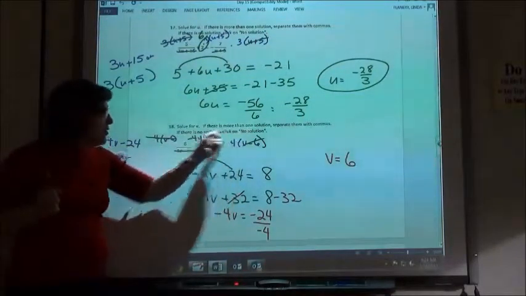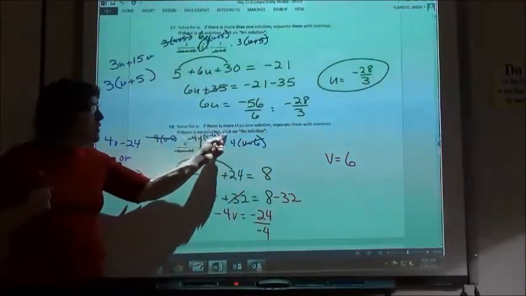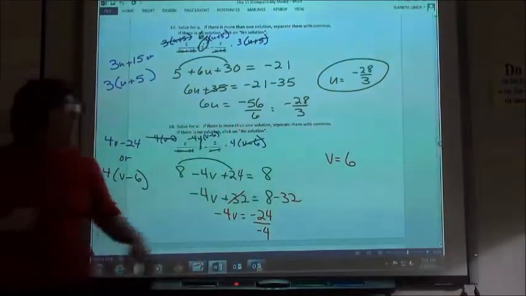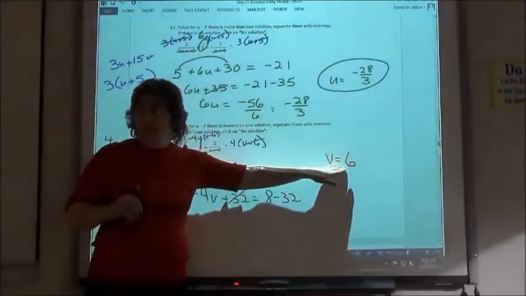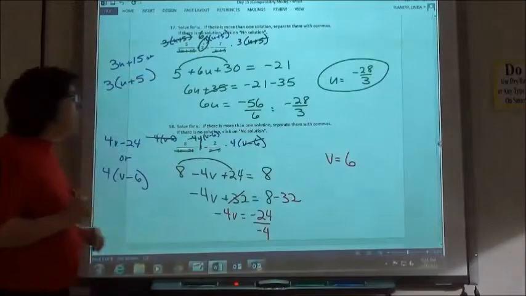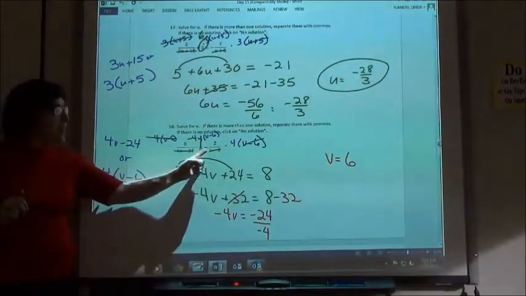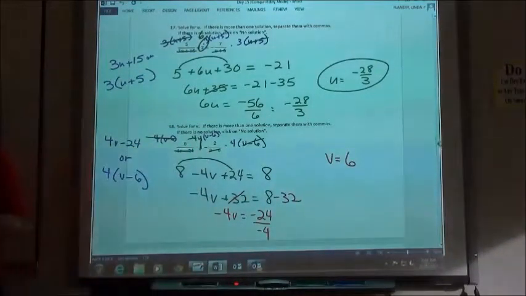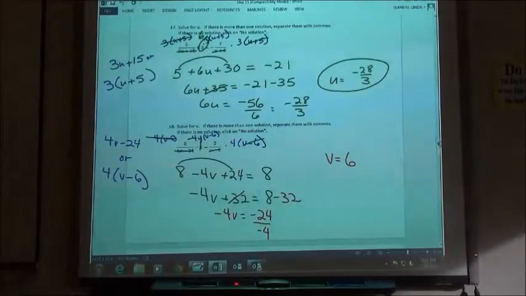Now, here's the tricky part on this one and why I put this one on here. Notice underneath here this whole time it said, if there is no solution, click on no solution. If this number comes out to a nice whole number, you have to check to see if I plug it in, if I get 0 on the bottom of a fraction. Because 0 on the bottom of a fraction is undefined.